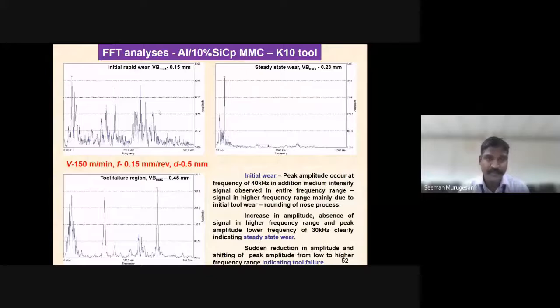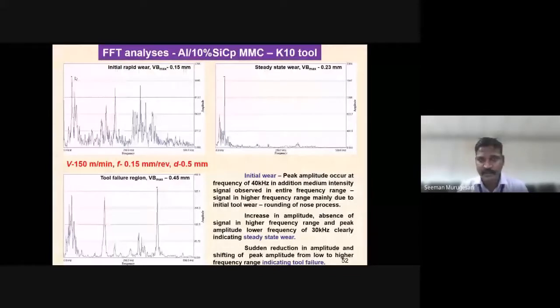High intensity of the signal is observed over the entire frequency range, but the peak frequency occurs at 40 kilohertz.